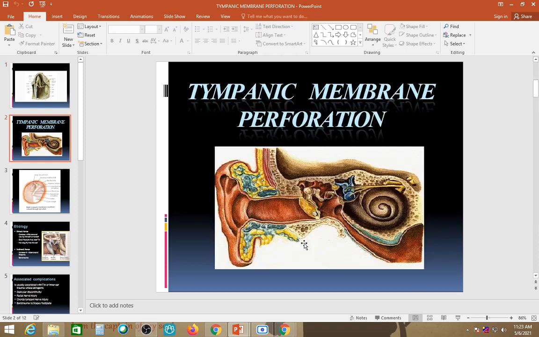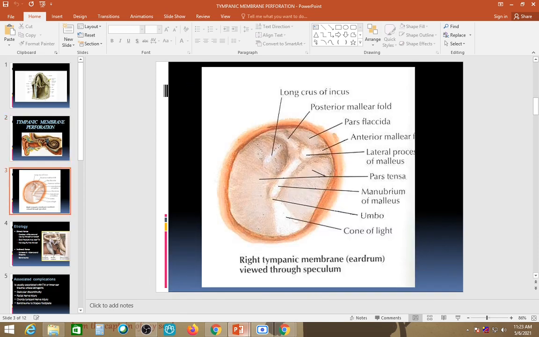The next slide I will show is tympanic membrane perforation. This can also happen inside the middle ear. This is mainly infection of the tympanic membrane, that's why it's called tympanic membrane perforation. And this is how it looks inside.